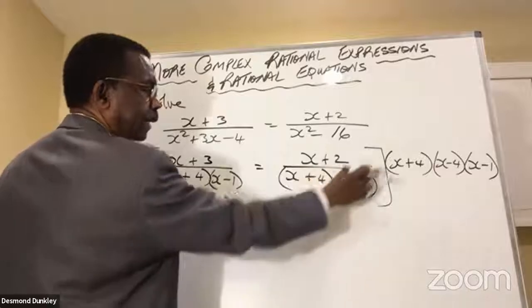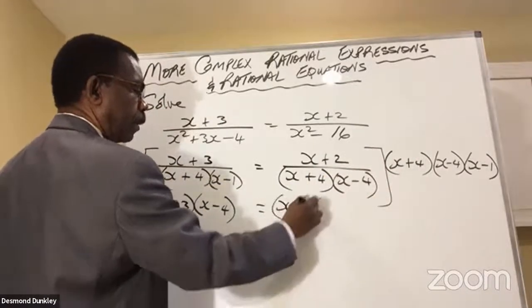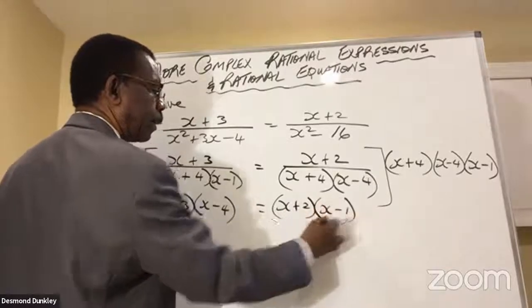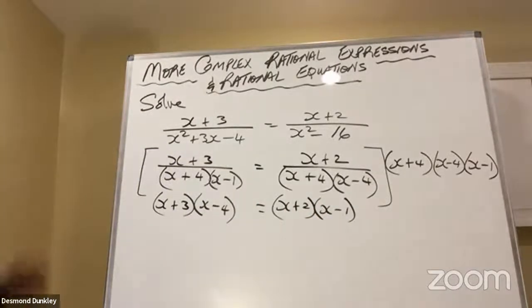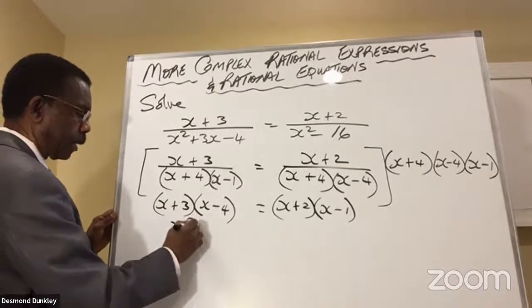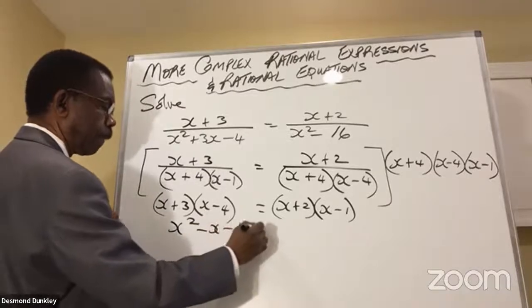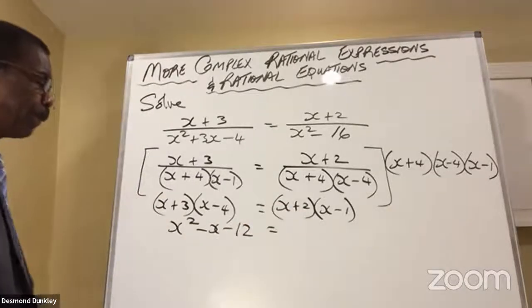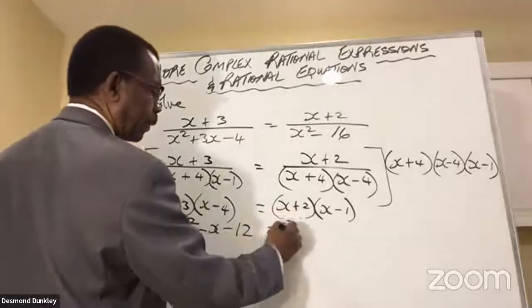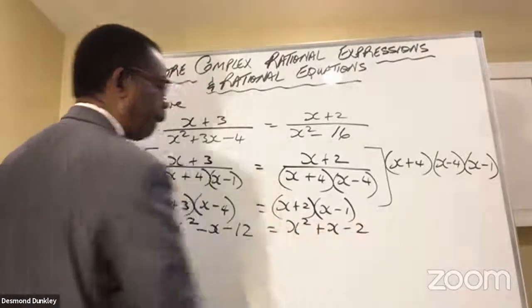This cancels that, this cancels that. So it's going to be (x + 2)(x - 1). Expand. So this gives us x squared - x - 12. This one is going to give us x squared + x - 2.